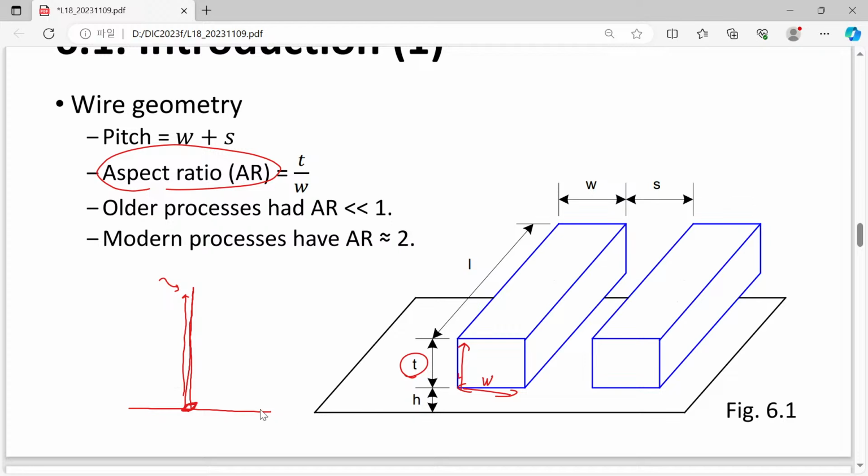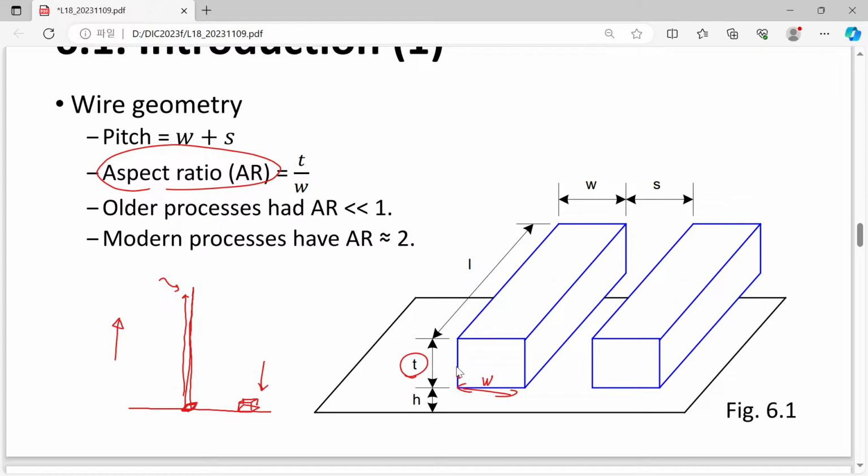But think about houses in a rural area. How do they look? They have relatively wider space compared with their height. Which one has a high aspect ratio and which one has a low aspect ratio? Certainly this one has a high aspect ratio and this one has a low aspect ratio.